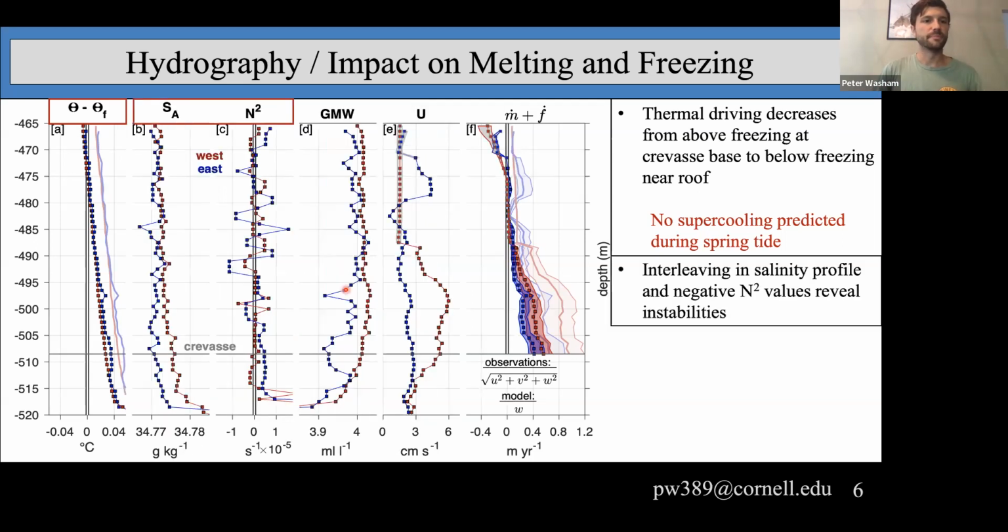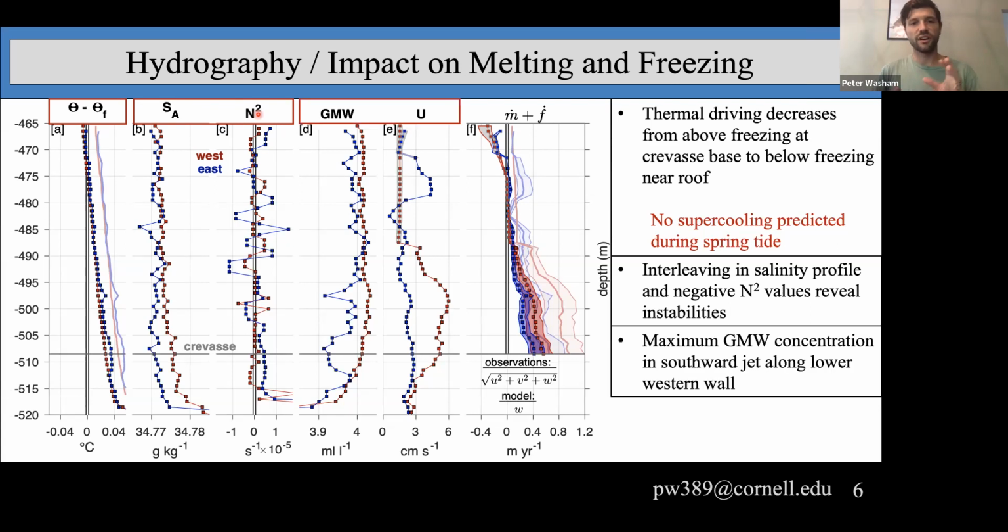However, going back to neap tide, when most of the data was collected, you see this wiggling in salinity, and N squared is basically a variable that tells us about how stratified the water column is. And you see there's instabilities here. There's water propagating up and down, which is consistent with the current speeds. So it's an unstable water column due to melting and freezing.